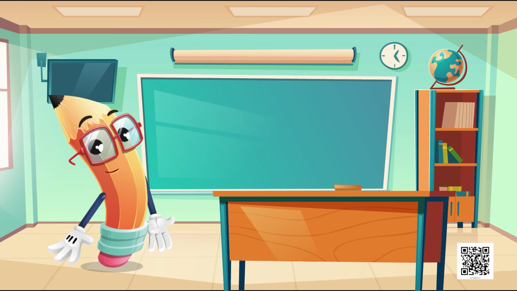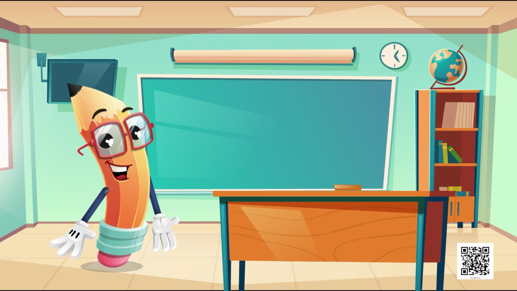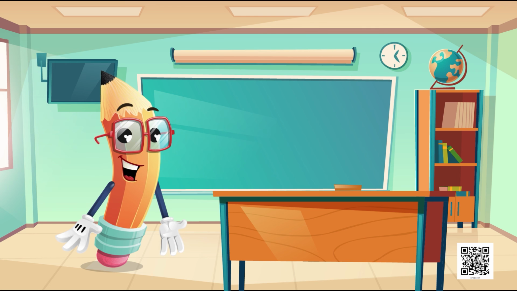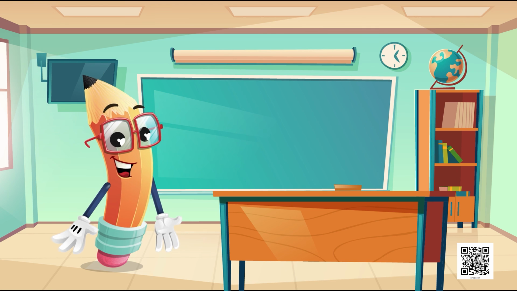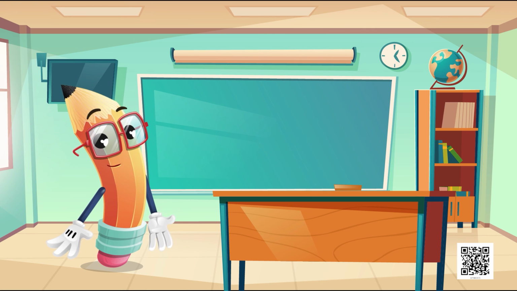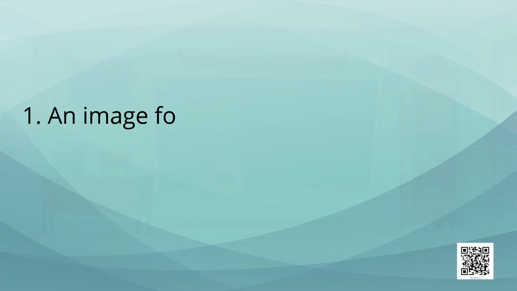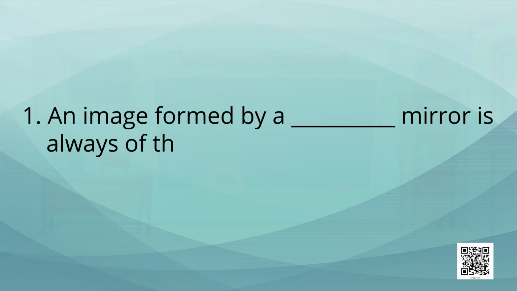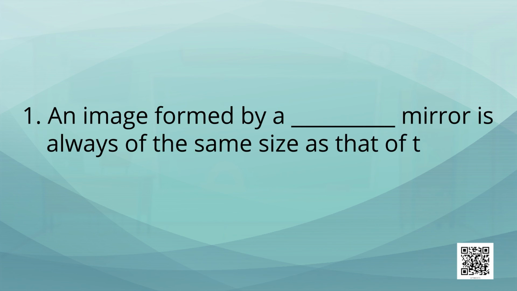Dear children, now let us do some questions and I hope you know all the answers. Image formed by which mirror is always of the same size as that of the object?